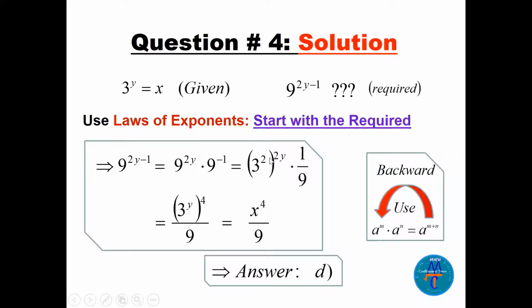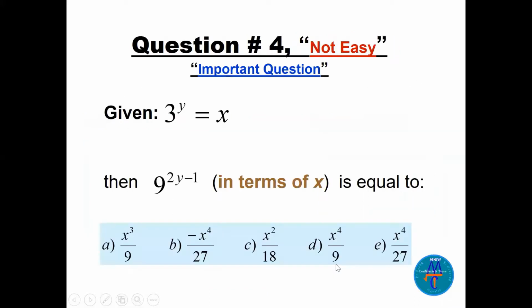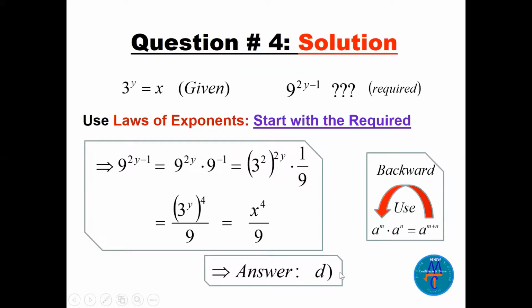Now multiply the power here. 2 times 2y becomes 4y. 3 power y, I know 3 to the power y is x, see? So I can put x power 4 over 9. And see the answer is D here. X power 4 over 9. Very nice question. Not easy, very short, but you have to remember the rules of exponents here. Rules of exponents backward. Any formula you can use forward or backward.